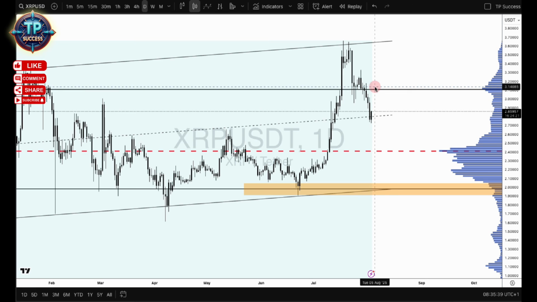So as it stands now, we now need to look at possible areas for a buyback into XRP, right? That's what we need to do. So let me just have a quick look to see what kind of opportunities we can derive from what's going on with XRP right now.